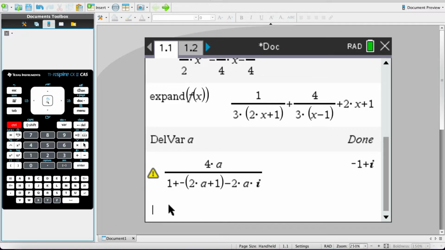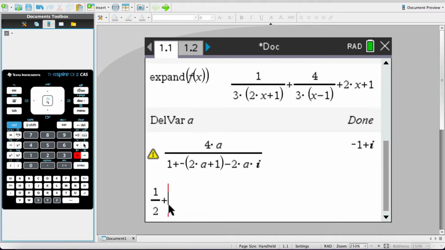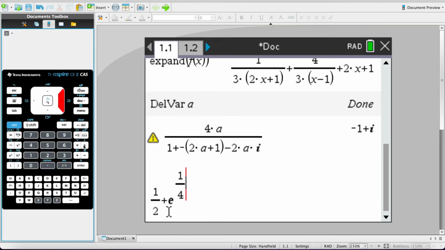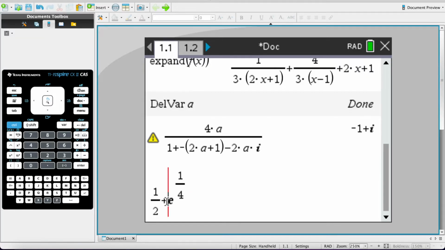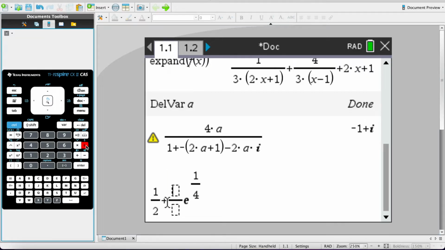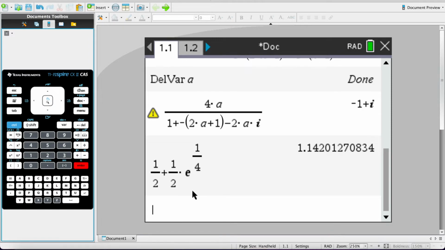So what's that? 1/2 plus 1/2 times e to the power of 1/4, and that is 1.14.